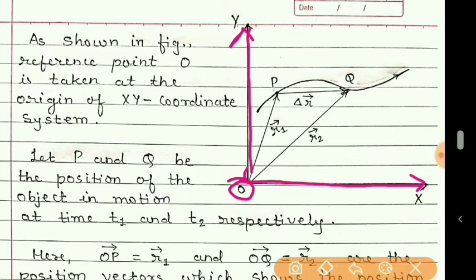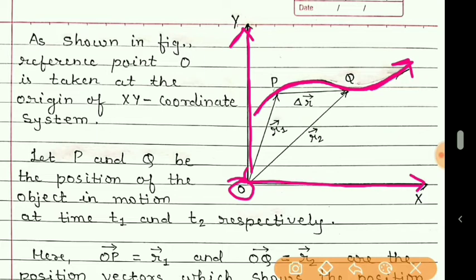That is a reference point. Now suppose the object is moving in this xy plane and its path is shown by this curved path. This curved line is nothing but the path of the object which is moving in this direction.